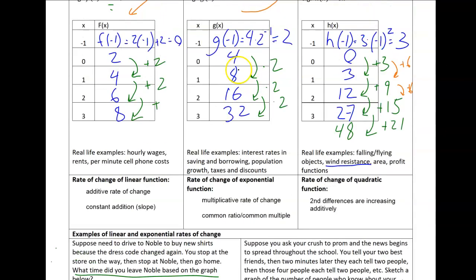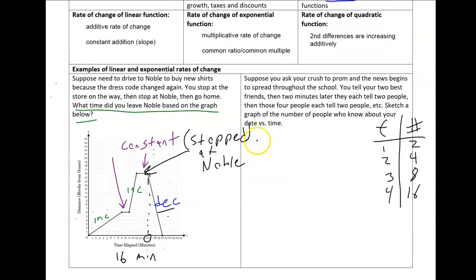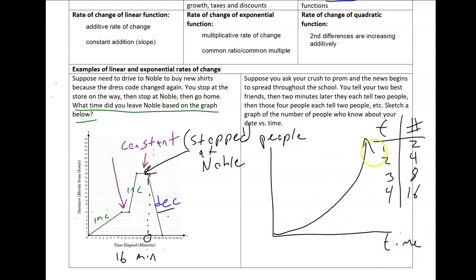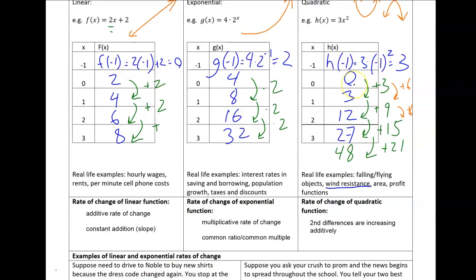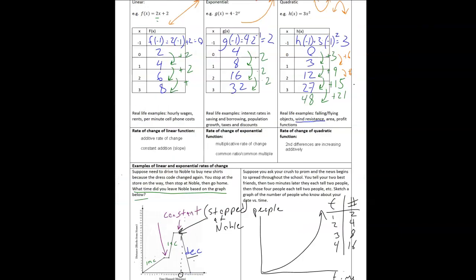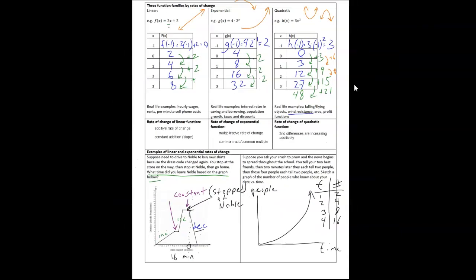That's a common multiple like we discussed up here. So my graph of people versus time should be that kind of upward increasing curve that we know exponential graphs make. Okay. So there's our first 3 little families of functions. We're going to review exponentials and quadratics in a little bit more depth later in the year.